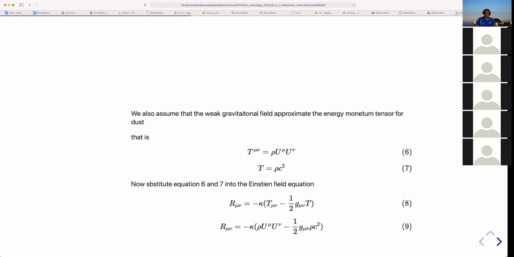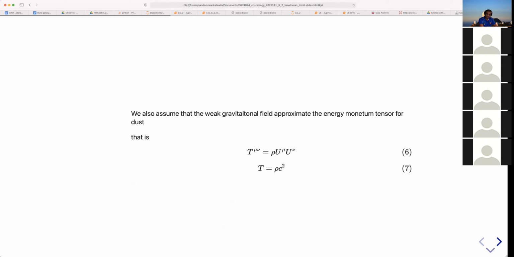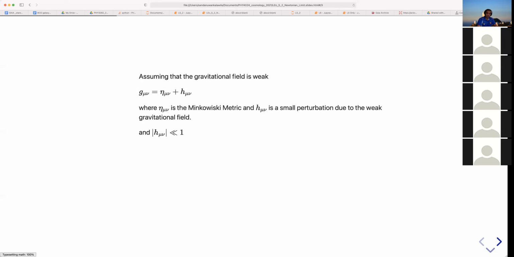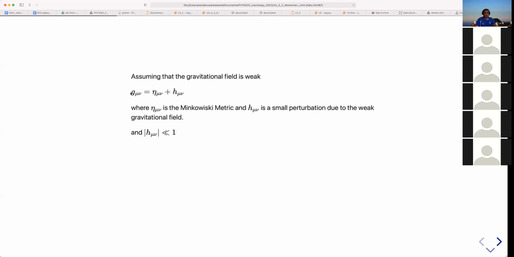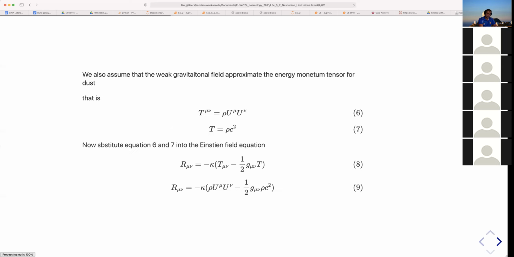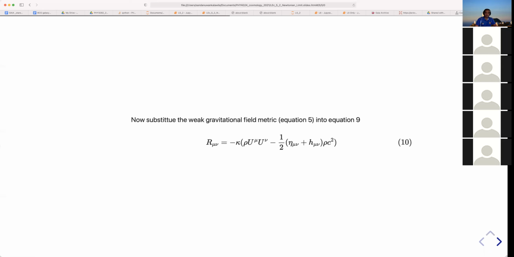So what I have explained in the previous slide is this G mu nu can be replaced from this equation right here. So where G mu nu equal to eta mu nu plus H mu nu, right? So you can use this now, eta mu nu plus H mu nu instead of G mu nu. So that's what I have done here.